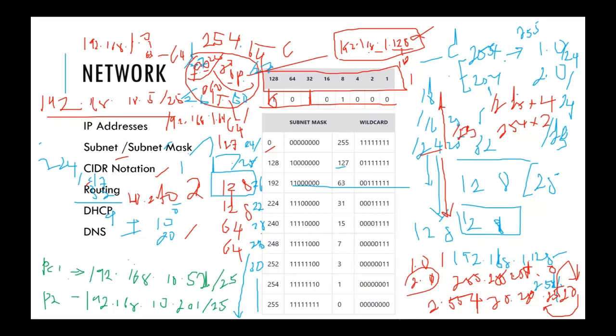Slash 25 is 256 divided by 2, 128. So the first block is from 0 to 128, which is one subnet. The next subnet is from 129 exactly to 254. Yes, they are in different networks. Exactly. This guy falls in the second block, while this guy falls on the first block.